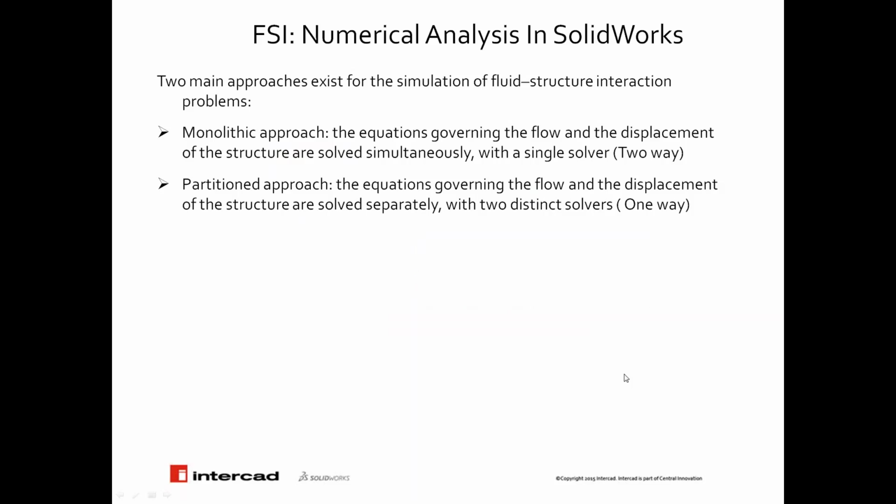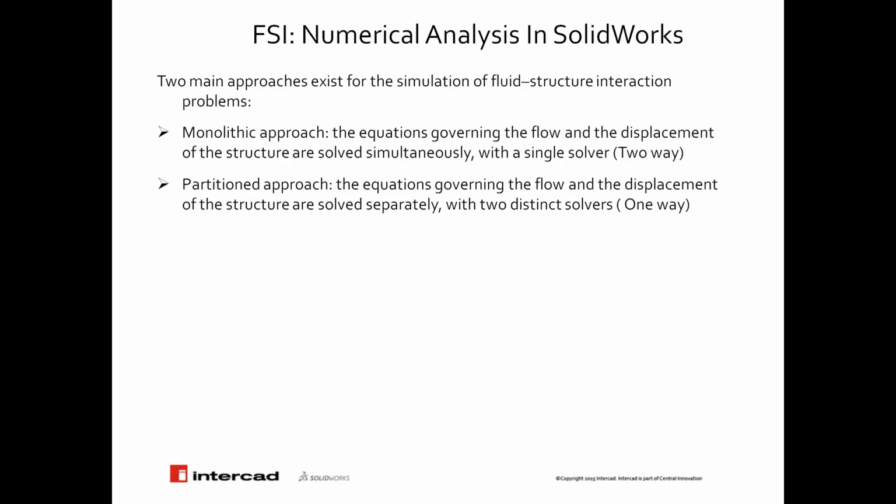Alrighty. We have two main approaches for the FSI problem. The first is the monolithic approach. We have one specific software solving the structural domain as well as the fluid domain simultaneously.